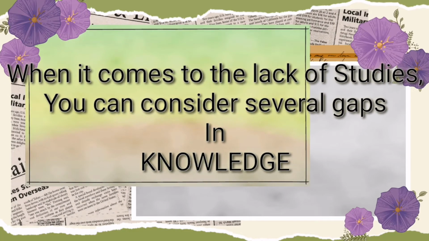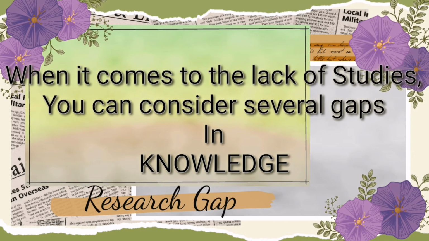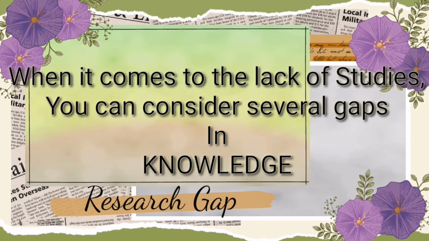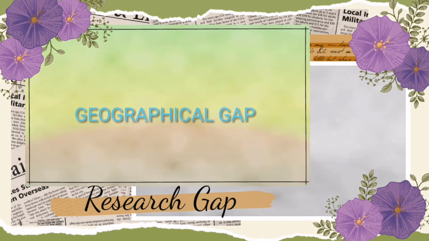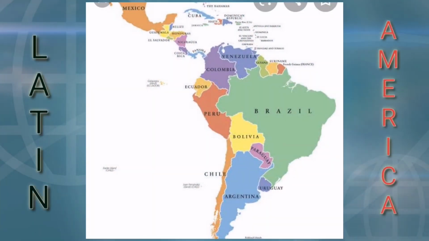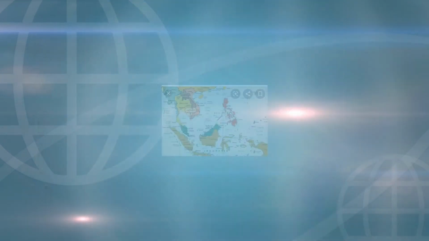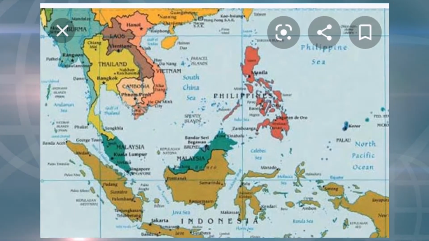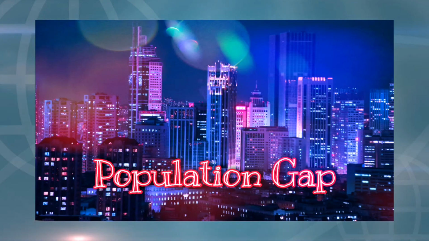When it comes to the lack of studies, you can consider several gaps in knowledge. For example, it can be a geographical gap. Maybe no studies have been conducted in Latin America or Southeast Asia or a particular region of our country. You could also think of a population gap.